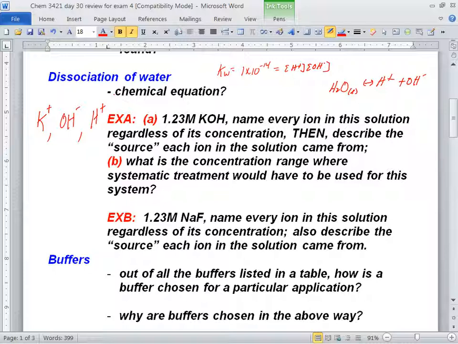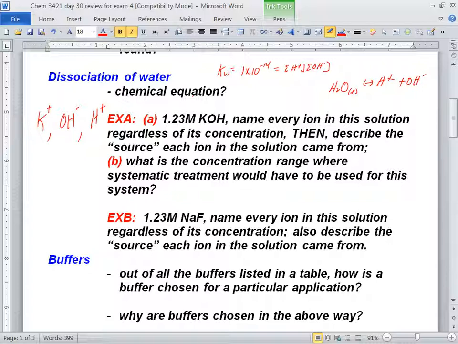At some point, there's a particular concentration range where we have to do a full systematic treatment. Now, this definitely isn't in it. You don't have to do full systematic treatment for this. If you want to find the pH, I suggest finding pOH first, and then using pH plus pOH is 14. So we don't have to do full systematic treatment for 1.23 molar KOH.